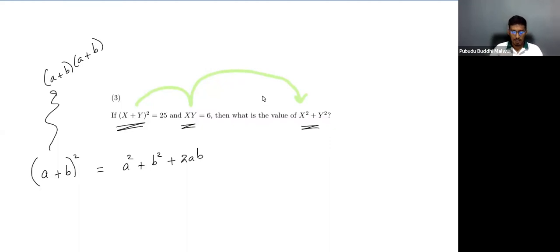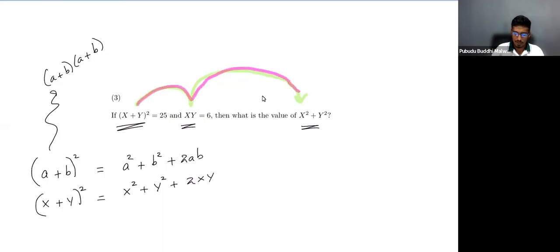Now, if I use x and y instead of a and b, I'll get something like this. And then I think we have a relationship between these 3 quantities: x plus y entire thing squared, then xy, then x squared plus y squared.